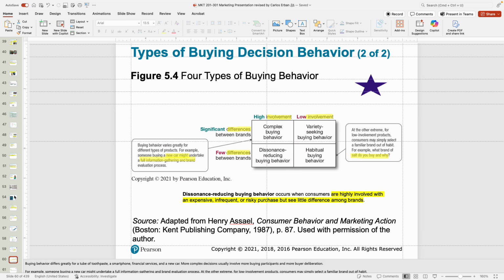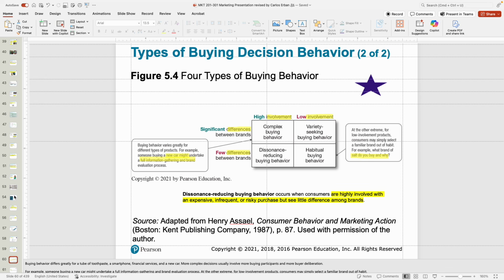Now, one thing that is really important is understanding the buying decision process. The buying decision process can be long if you have a high involvement product. High involvement product means, like the word says, something that is expensive. For example, you're buying a car, you're buying a house, college, or you have the opposite, low involvement products.